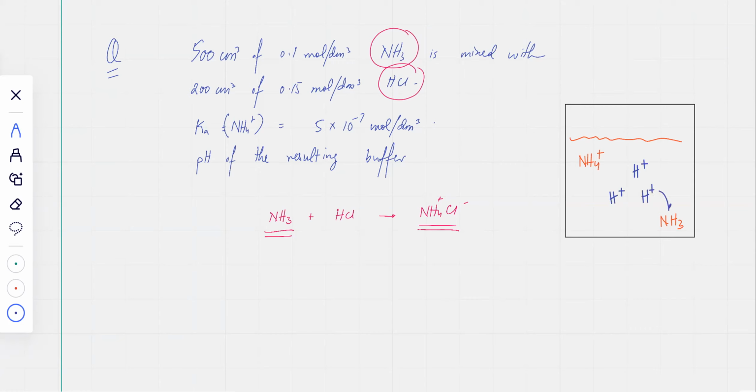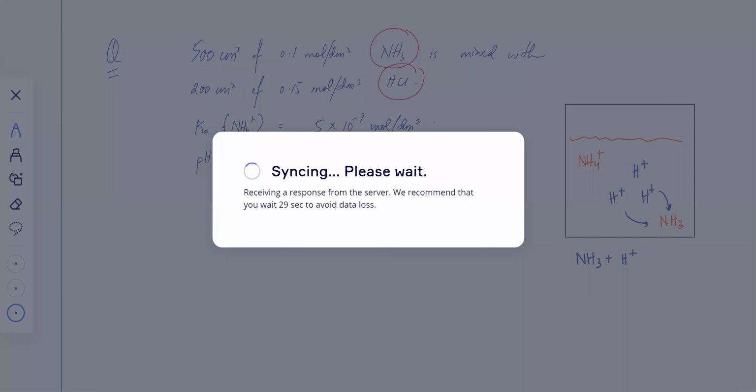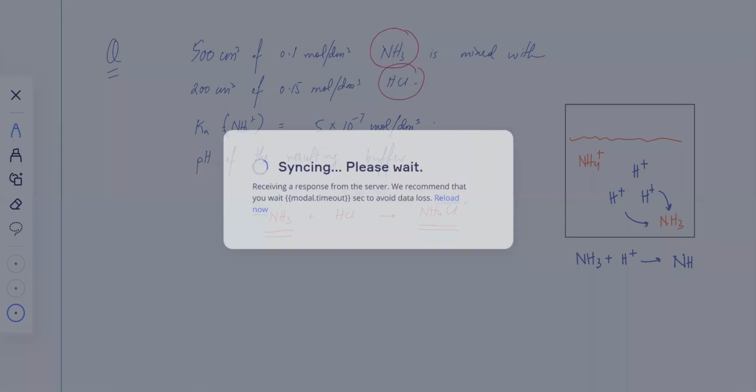Because the NH3 would start gaining those H plus 1 ions to form NH4 plus 1.